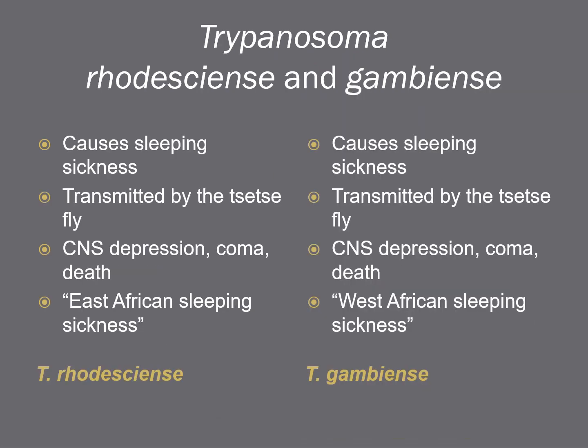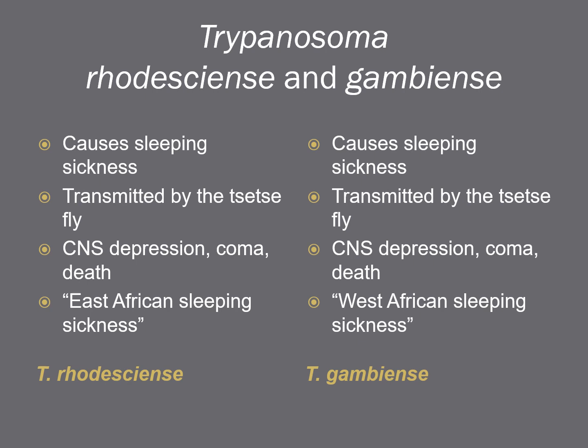Let's go ahead and compare Trypanosoma rhodesiense and gambiense. So Trypanosoma rhodesiense causes what's known as East African sleeping sickness. And Trypanosoma gambiense causes West African sleeping sickness. Okay? They both cause sleeping sickness diseases, and they are both transmitted by the tsetse fly.